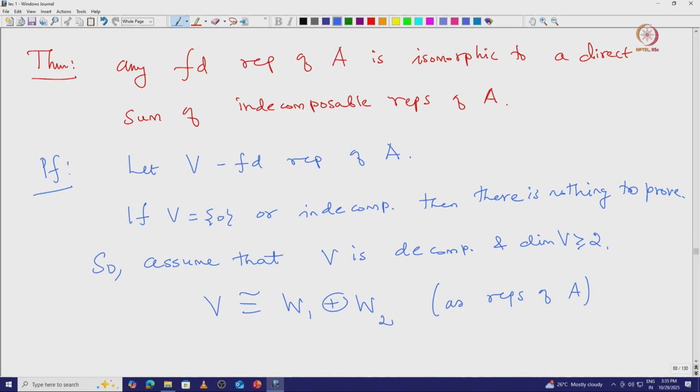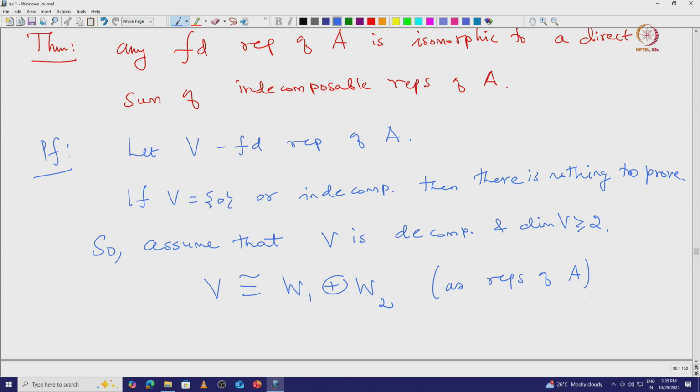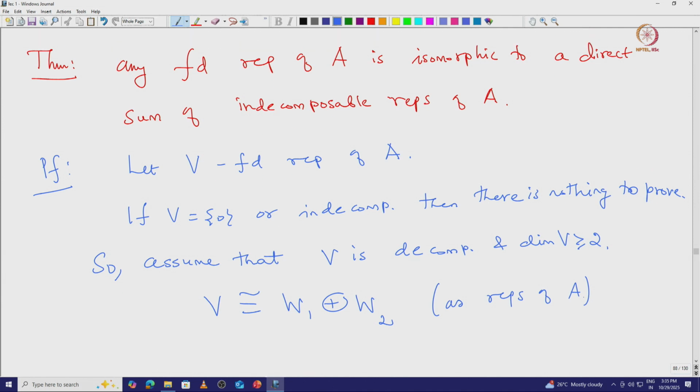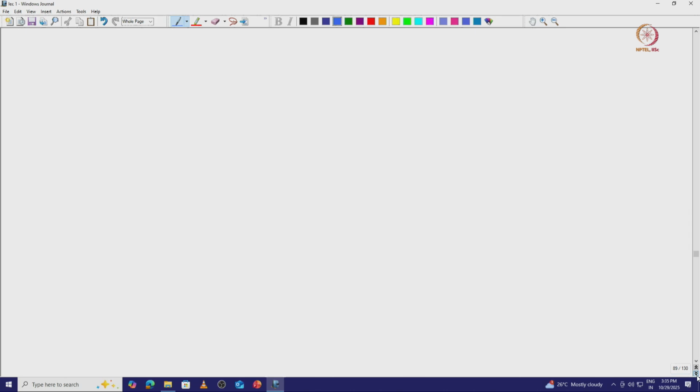That is easy to prove, and I will leave it to you to think about. Now we have assumed that V is isomorphic to W1 direct sum W2, with both W1 and W2 non-zero, because V is decomposable.